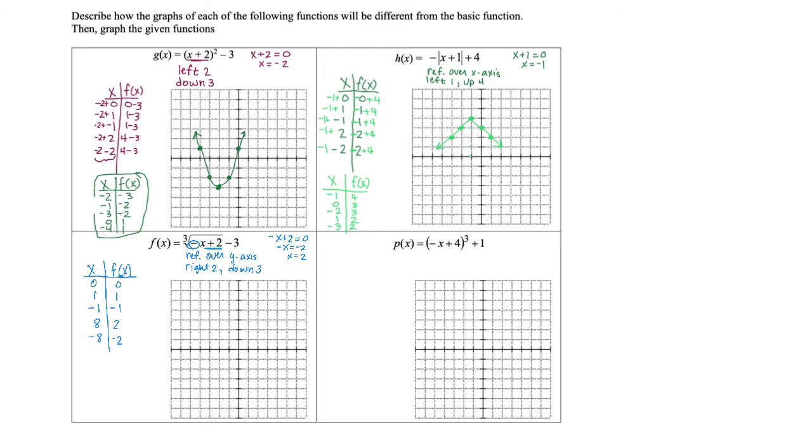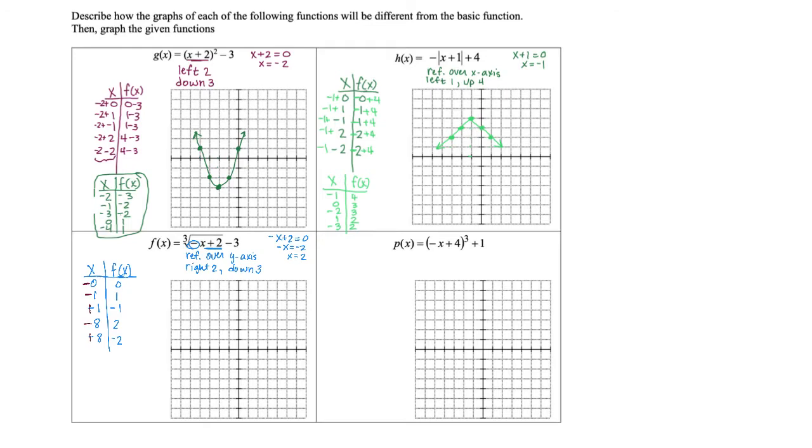So reflect over the y, so it looks like we need to change signs over here on the x. That's going to show us where we've changed our signs.